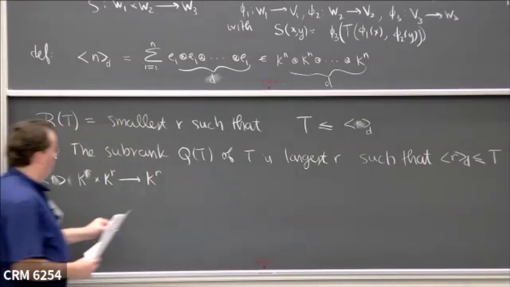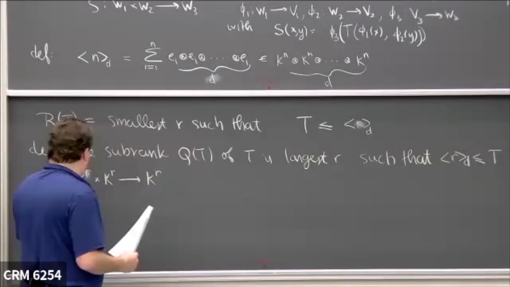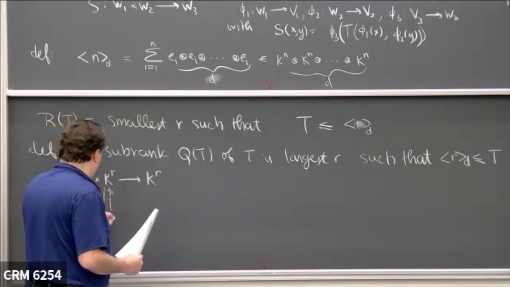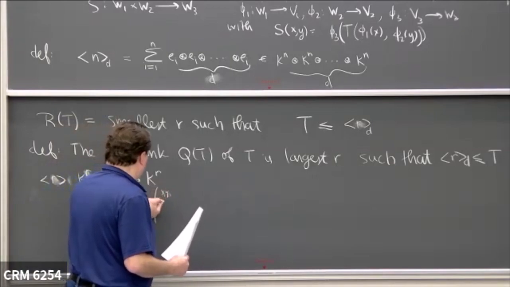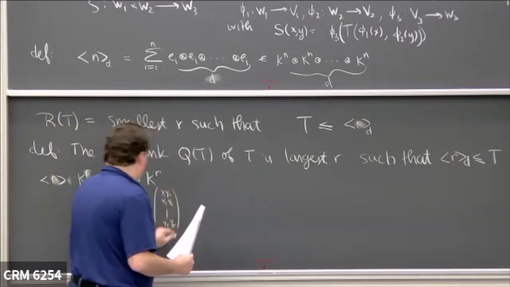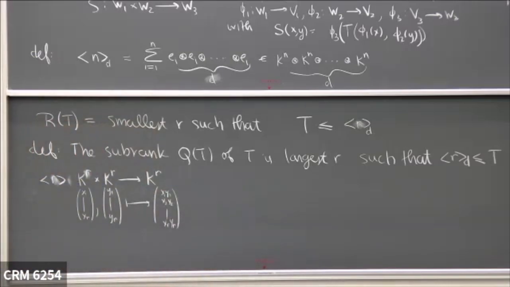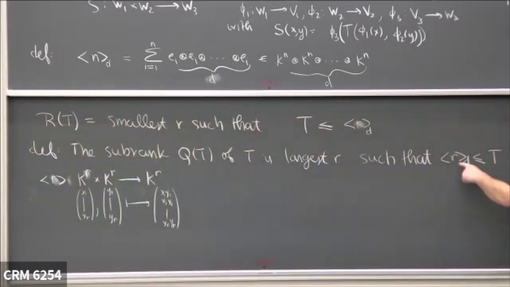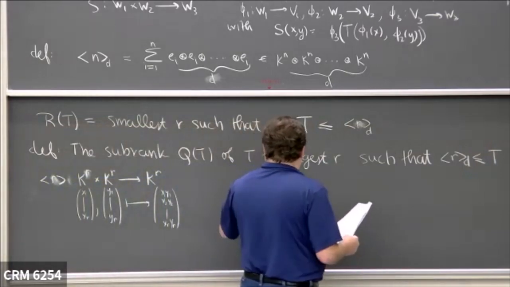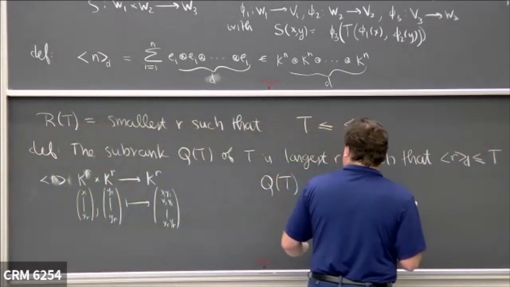What is this bilinear map? It sends a vector x1 up to xr and a vector y1 up to yr to the coordinate-wise product. So basically it's just doing R multiplications. So if D is 3, this means that you're reducing R multiplications to one computation of this bilinear map.